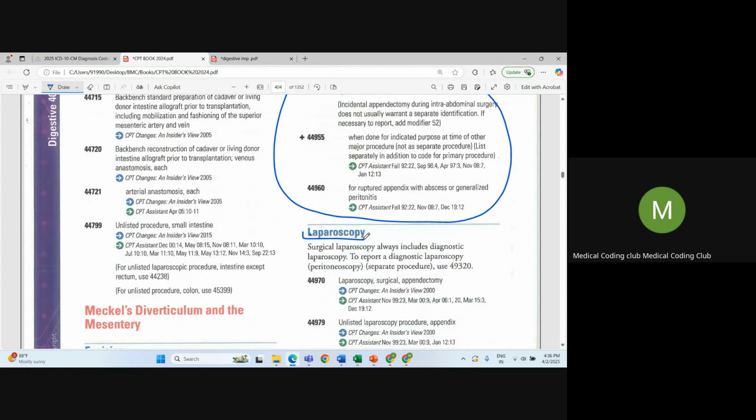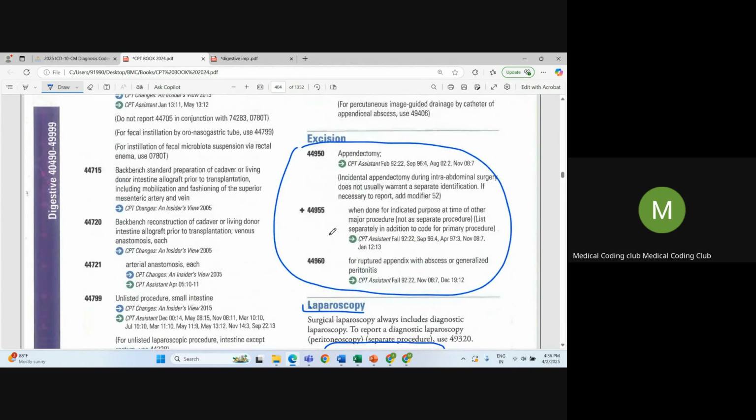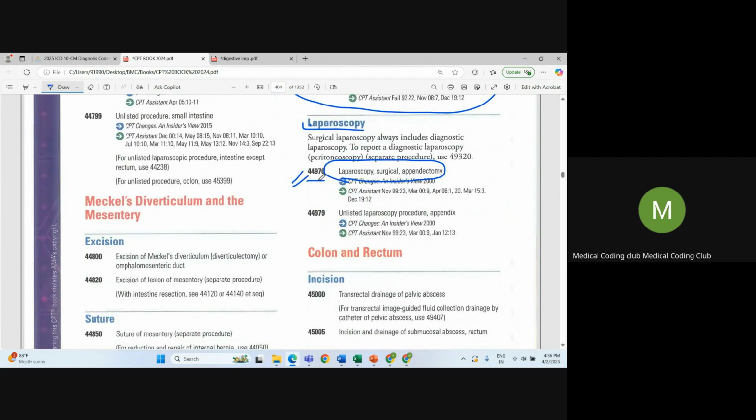And here, using laparoscopy, 44970, laparoscopic surgical appendectomy. In our question they are talking about laparoscopy approach, so the CPT should be 44970. These three codes have their own concept based guidelines. In the classes I'll explain each of these codes thoroughly, but here it takes so much time, so I'm not going to discuss that. So the answer should be 44970.